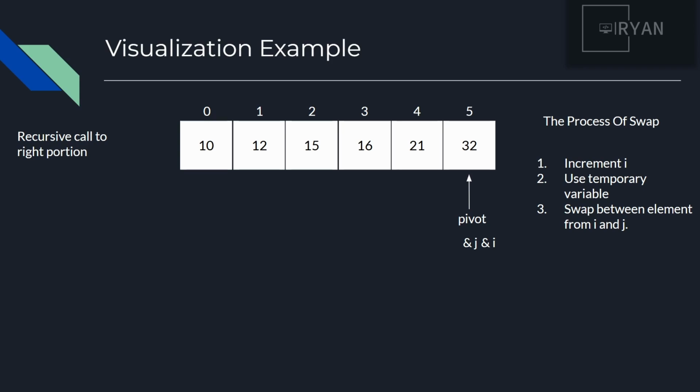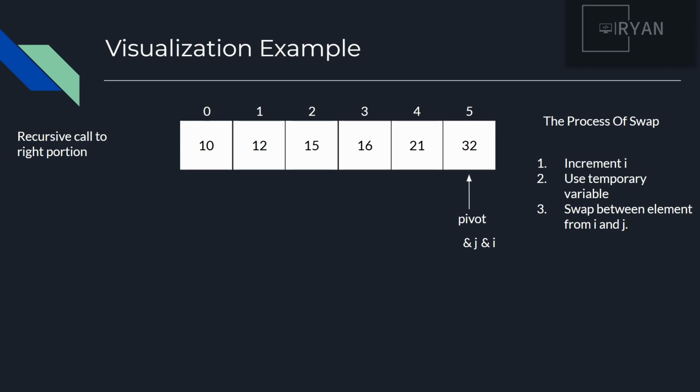And before talking about time complexity, I will briefly explain why I is less than J and why I lags behind J. I only moves forward when J finds an element smaller than or equal to the pivot. This ensures that all elements before I are less than or equal to the pivot, and everything after I but before J is greater than the pivot.